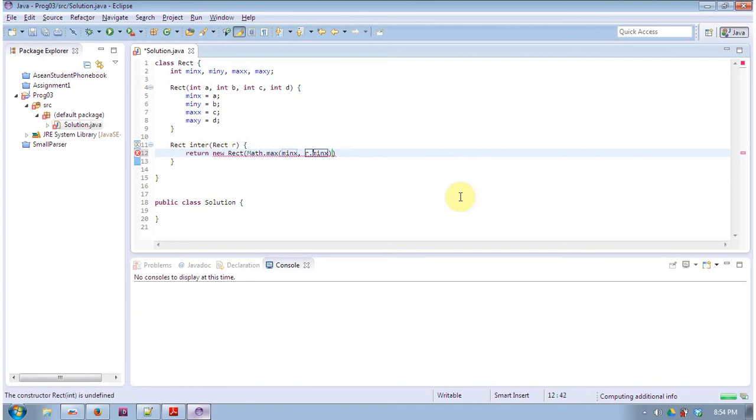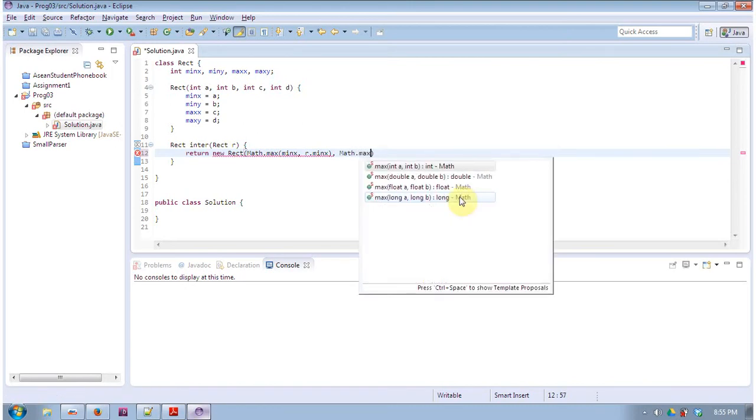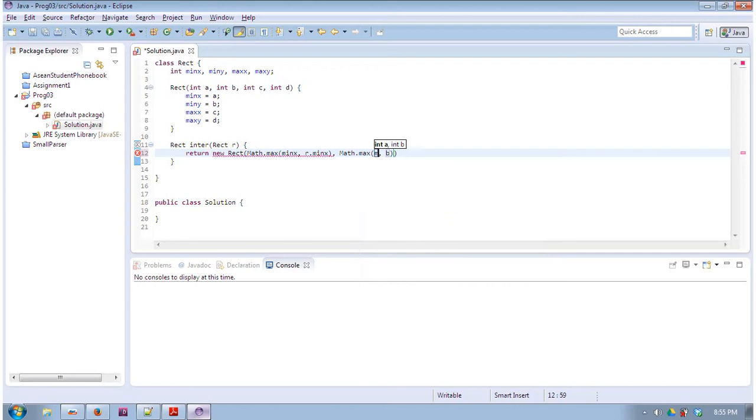The one that has no class name is the first rectangle, and r is the second rectangle. Parameter 2, y, is the same. It's the maximum of min y and r of min y.